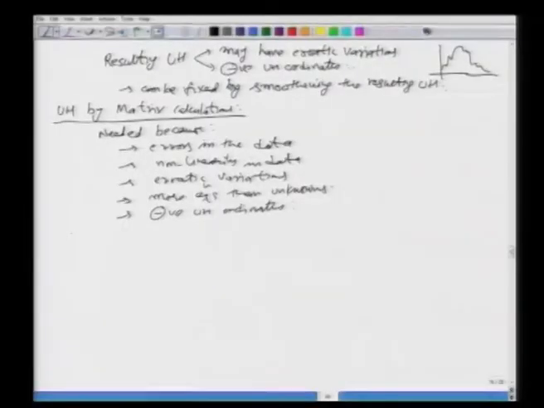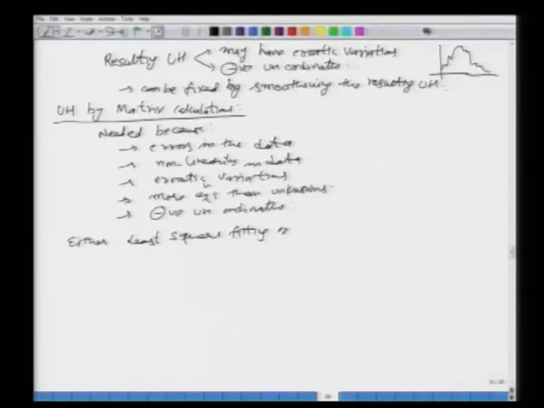So, let us look at the first one, either the least square fitting or optimization, either of these two can be used.